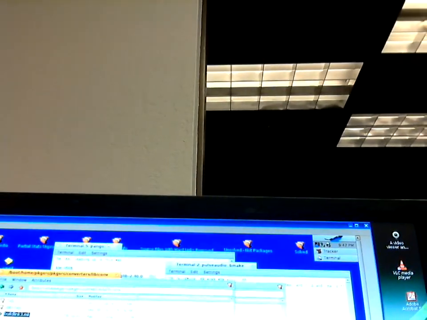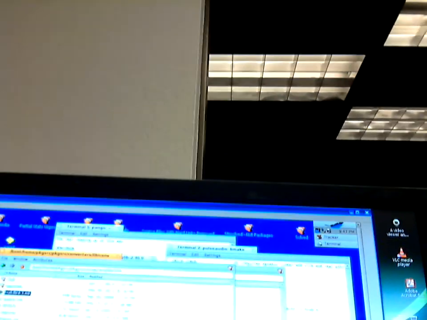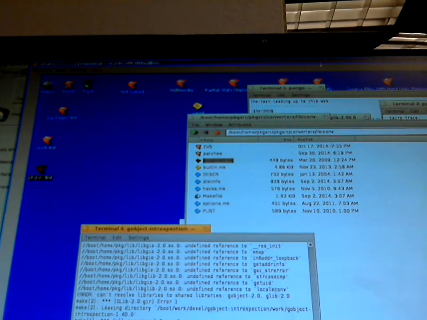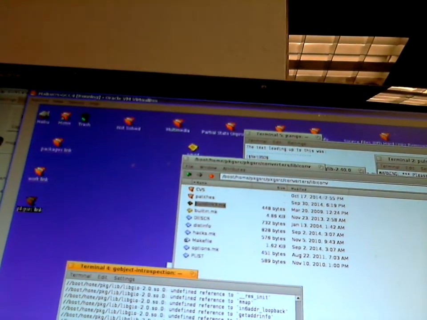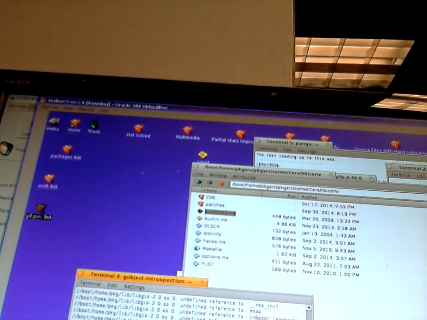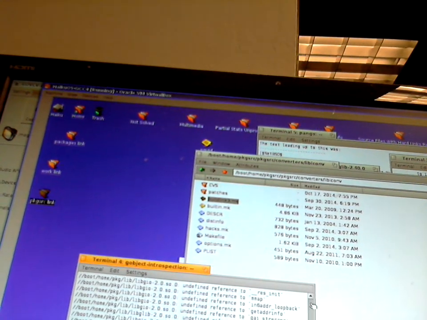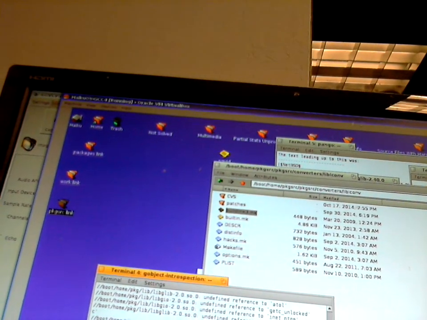I wanted to see what that makefile looked like. There it is again. Cannot find. Oh, well, that's different now. That's libnetwork. Yeah, so I've got to get that object here.